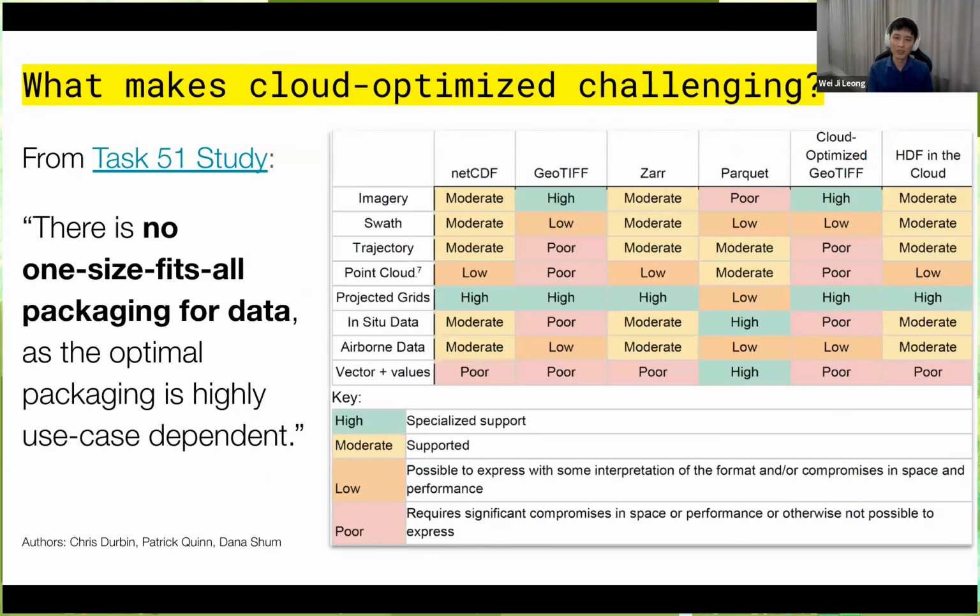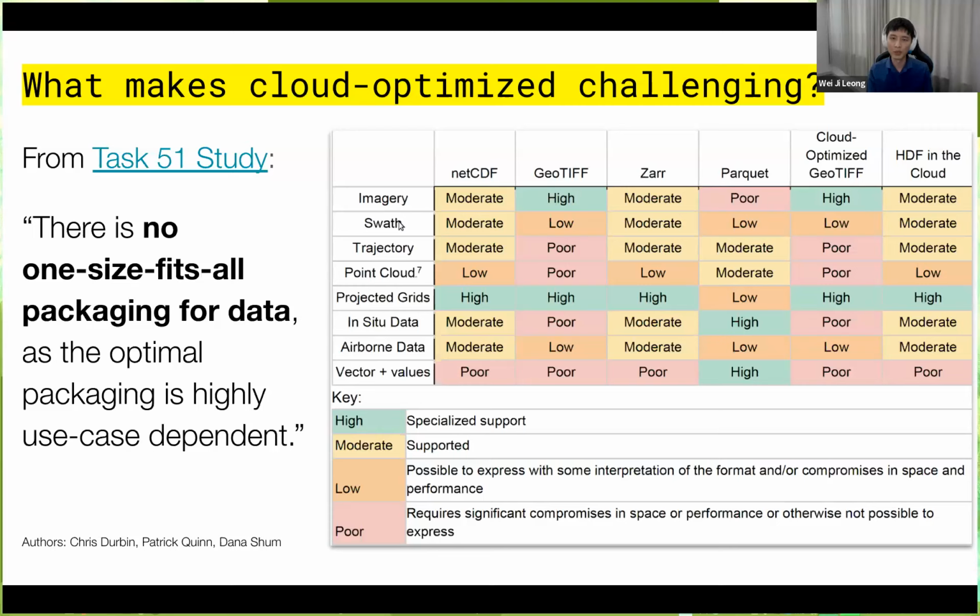And again, this is a bit challenging. Cloud optimizing is a complicated topic because there's actually no one size fits all for data. So the table on the right here shows 6 columns representing 6 different file formats.